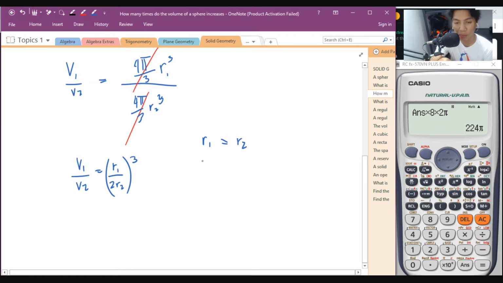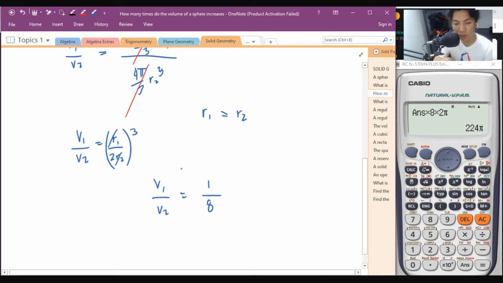Dinoble mo lang. So, maka-cancel na to. So, V1 over V2 equal to 1 over 2 times 2 times 2, that is 8. Ibig sabihin, kapag cross-multiply mo, that your V2 will be 8 times of your volume 1. Okay? So, very basic po yung number 3.